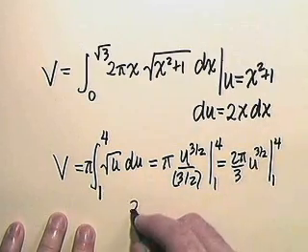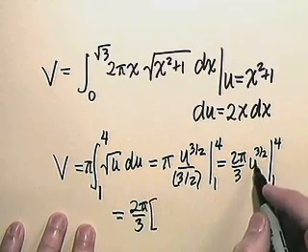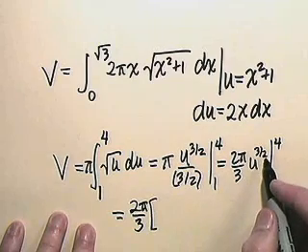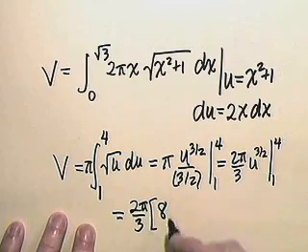Well, let's put in the upper limit. When I do that, 4 to the 3/2 means square root of 4 cubed. Well, square root of 4 is 2, and 2 cubed is 8.